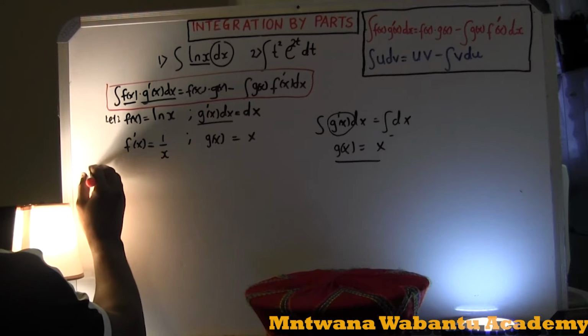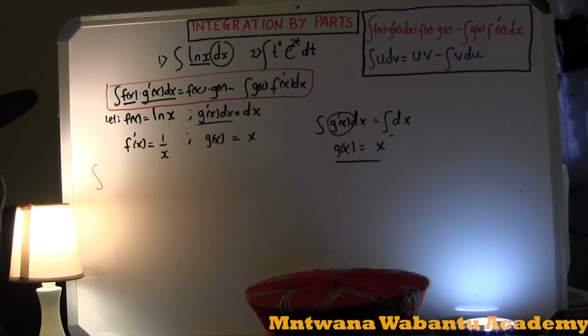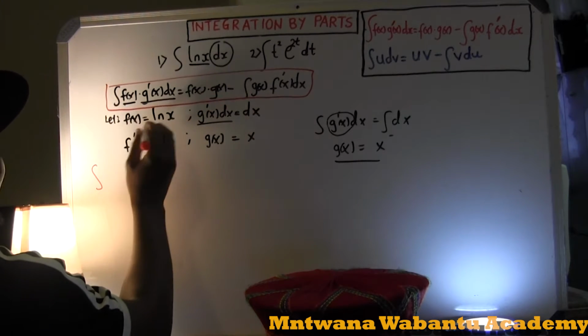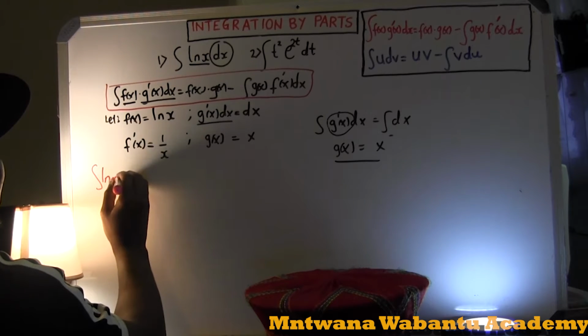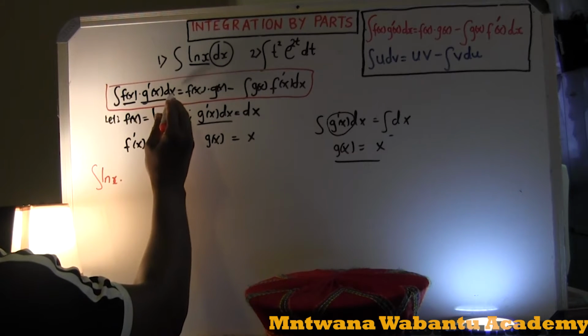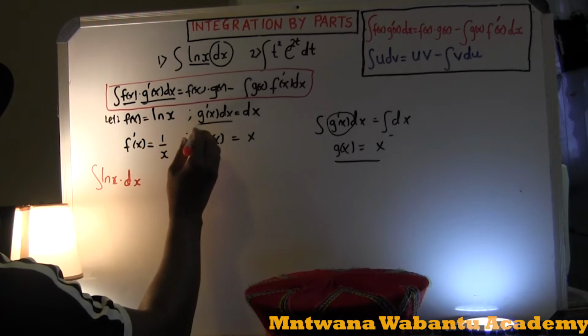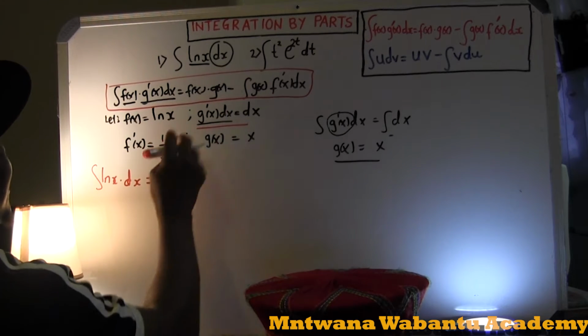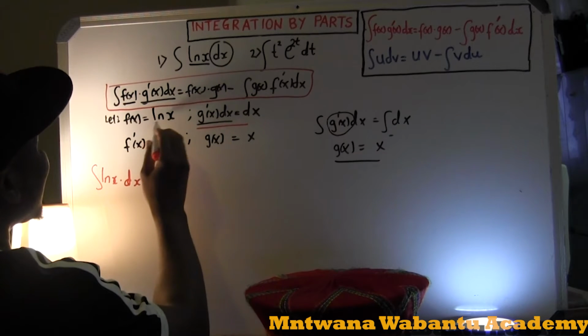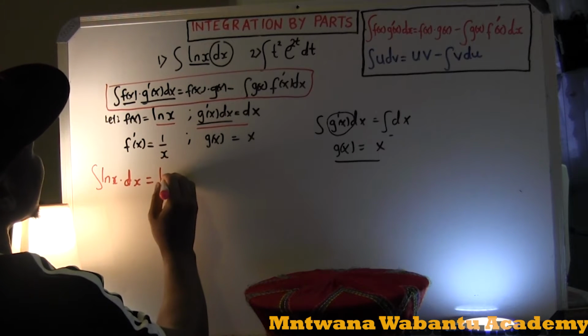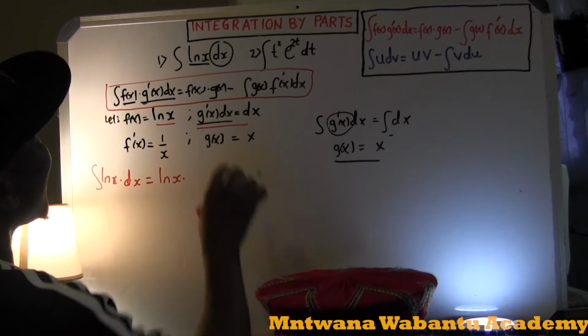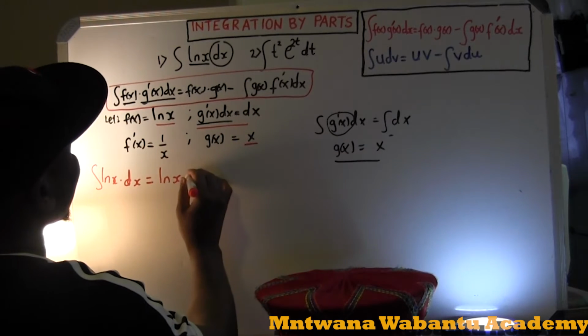The integral, f of x equals ln of x, g prime dx equals dx, means g prime equals dx. f of x equals ln of x multiplied by g of x, where g of x equals x.